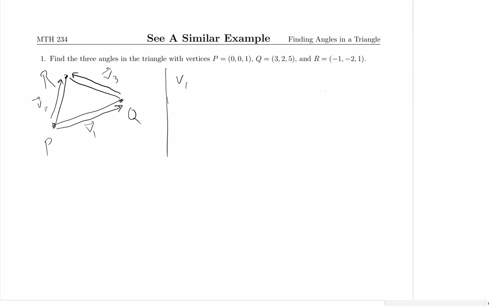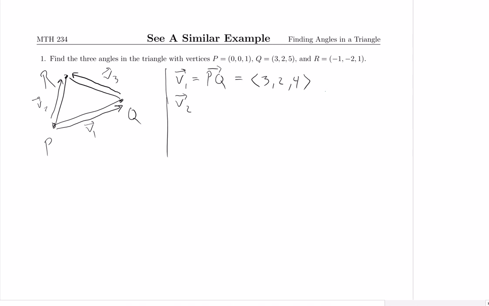So V1, again, as you can see in the picture, is just the vector from P to Q. So if we want to write the components, we just subtract the components of Q minus the components of P. So we just get 3, 2, 4.